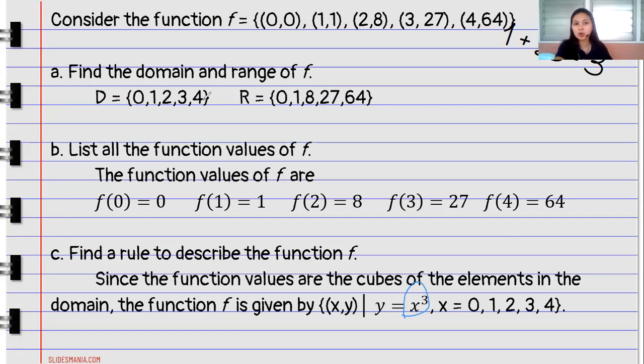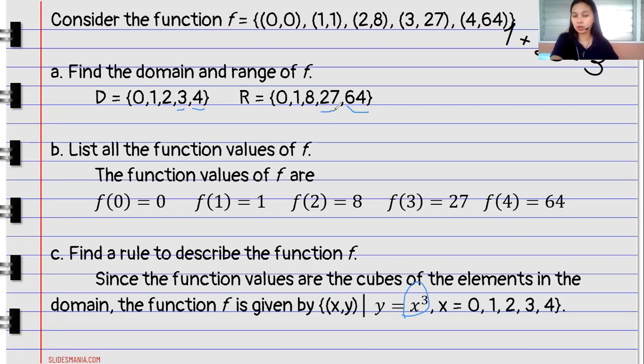Okay? Like for this one, start tayo kay 4. Si 4 po, if we're going to cube this, 4 times 4 times 4 is 64 po. Okay? Which is this one. Next po, 3 naman po. 3 times 3 times 3 is 27 po, which is ito din po siya. Okay?